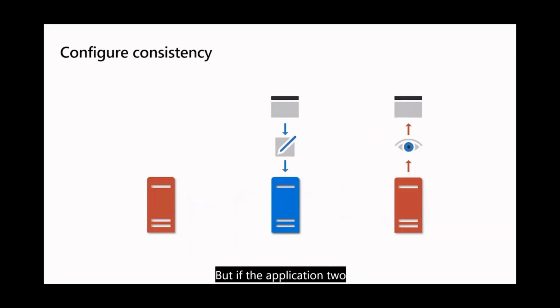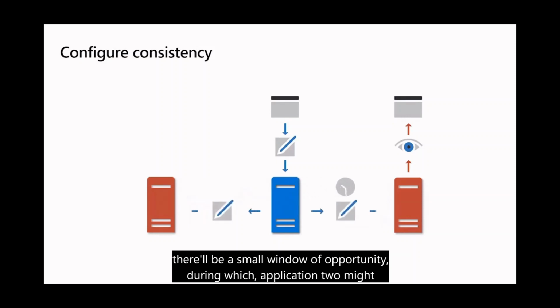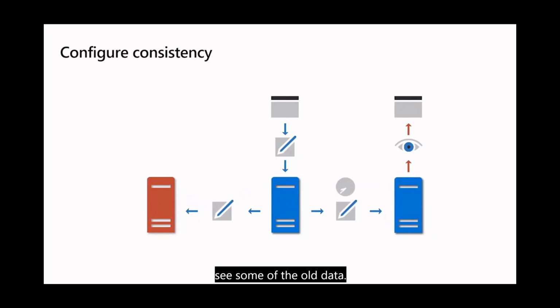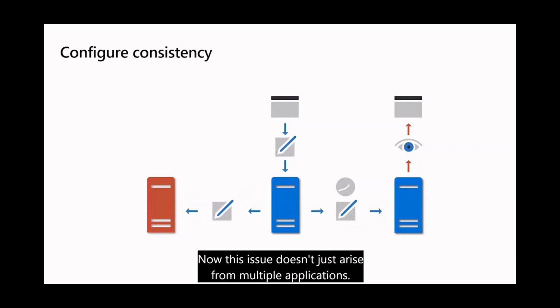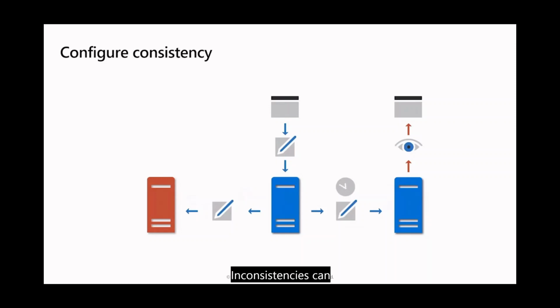But if application 2 retrieves the data from a different server in the cluster than what application 1 used to write to, there will be a small window of opportunity during which application 2 might see some of the old data. Now, this issue doesn't just arise from multiple applications.